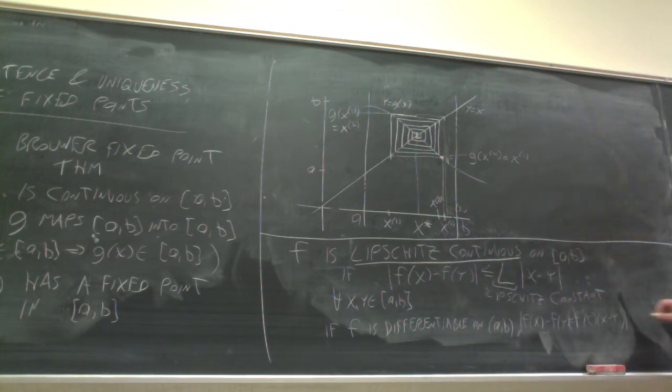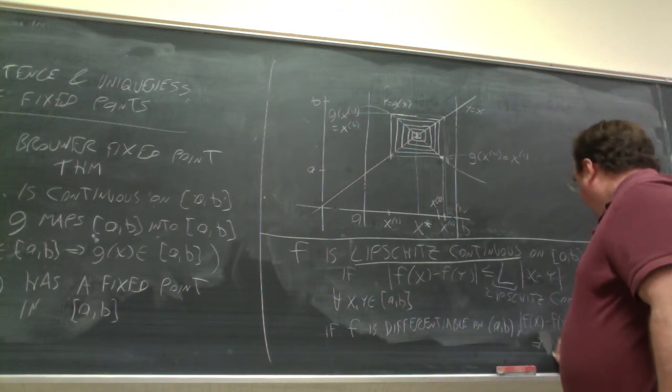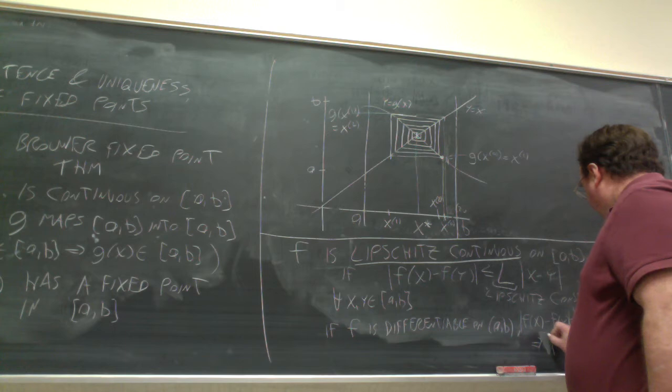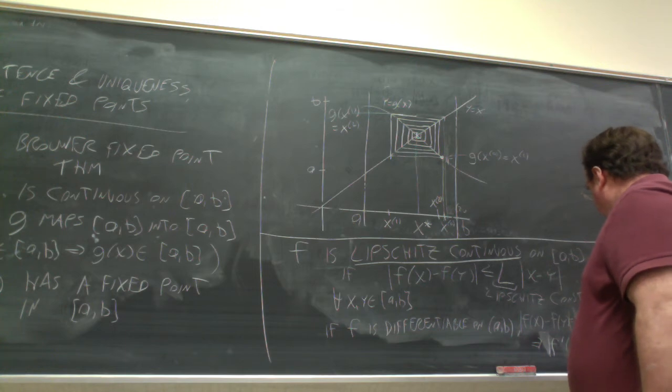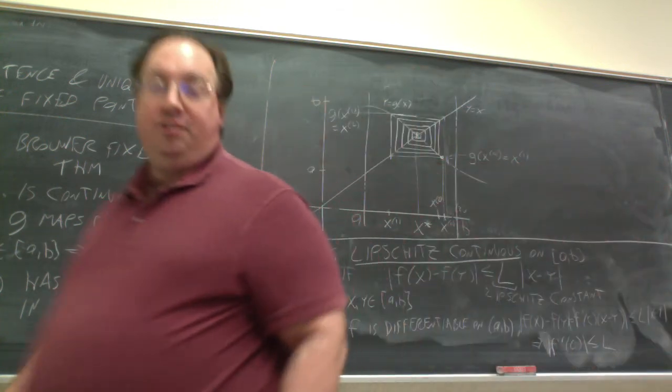But that is less than or equal to L times the absolute value of x minus y. So this would tell us that the absolute value of f prime of c is less than or equal to L.